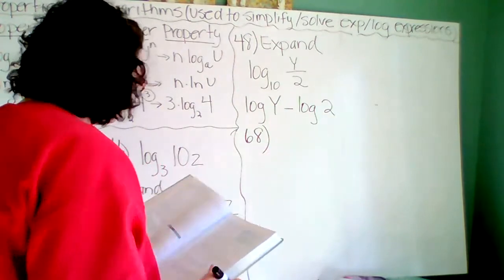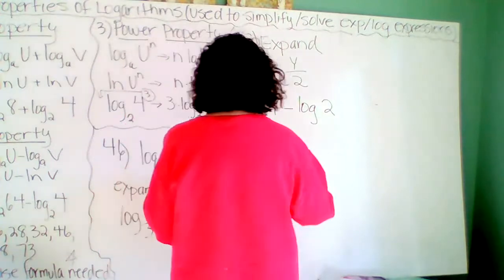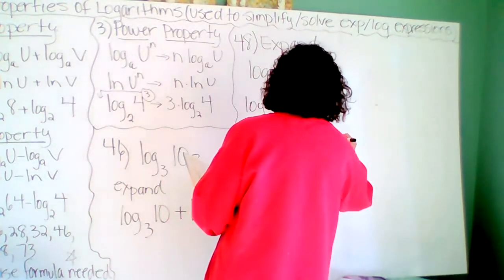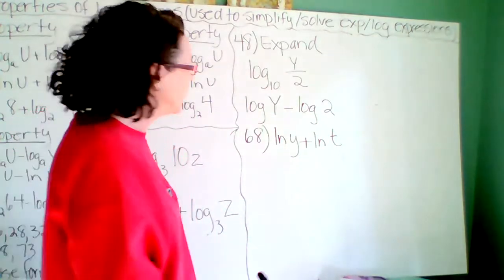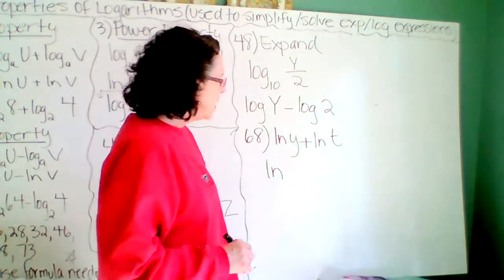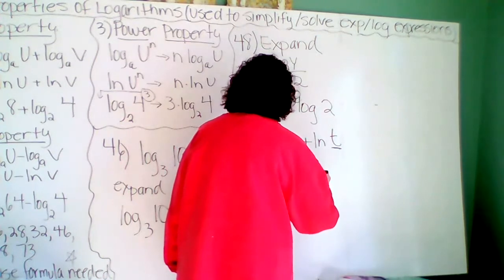Number 68. They're asking us to condense. So let's take a look at 68: natural log of y plus the natural log of t. I see a product rule. I'm going to condense it to one logarithm, and I will multiply the two arguments together.